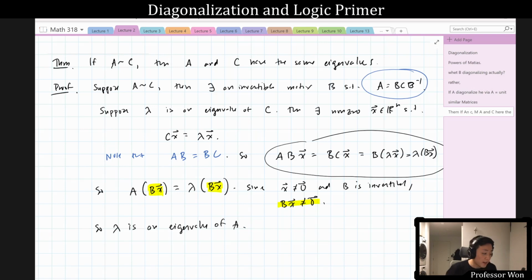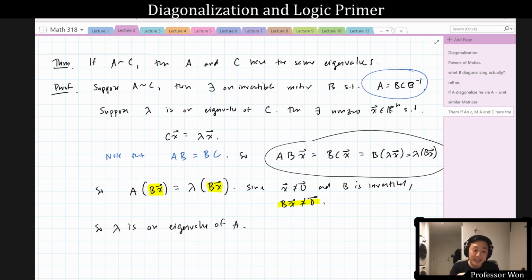So we just showed that any eigenvalue of C is also an eigenvalue of A. And then what you can do is, everywhere where I used B, use B inverse.